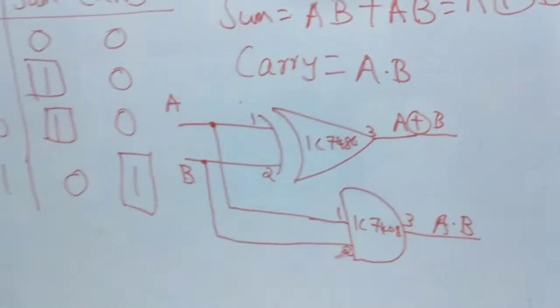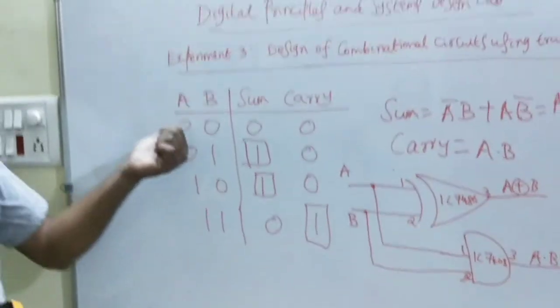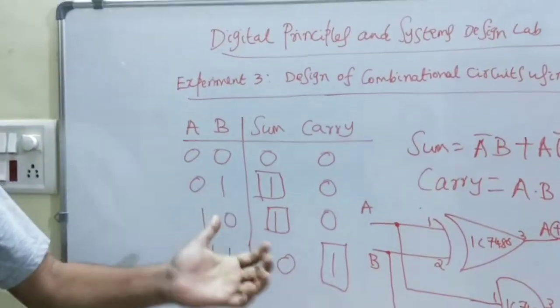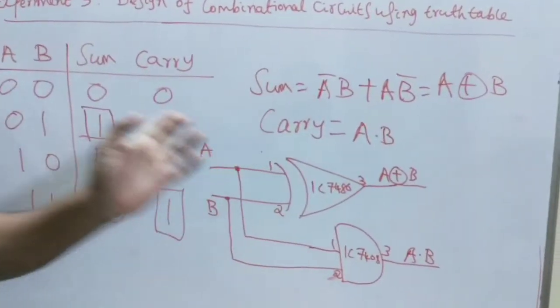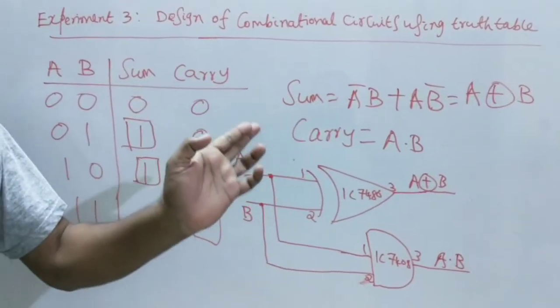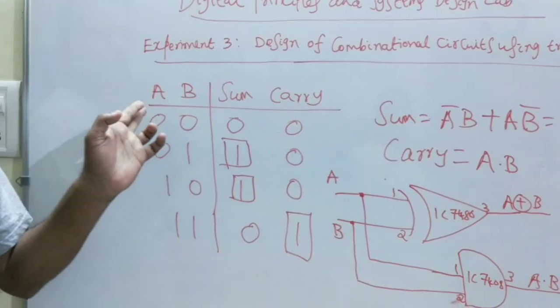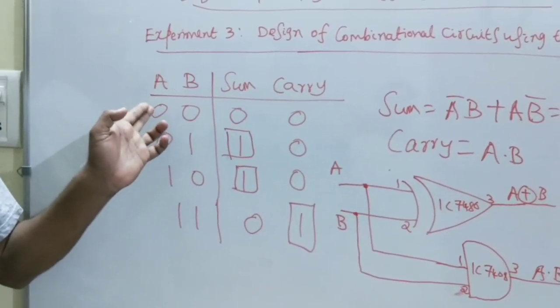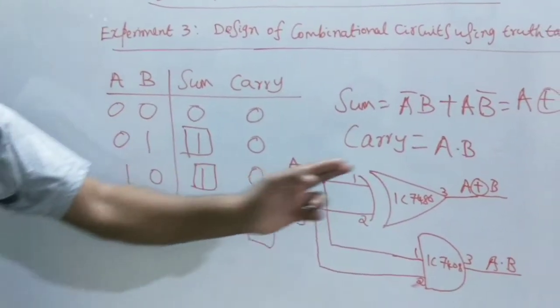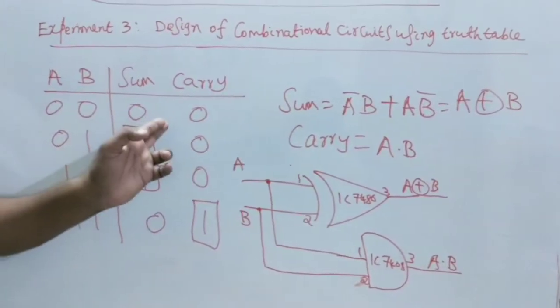Here we have two outputs, and I have connected them to two LEDs. When I give A and B as 0, 0 using my toggle input switches, neither output will glow.